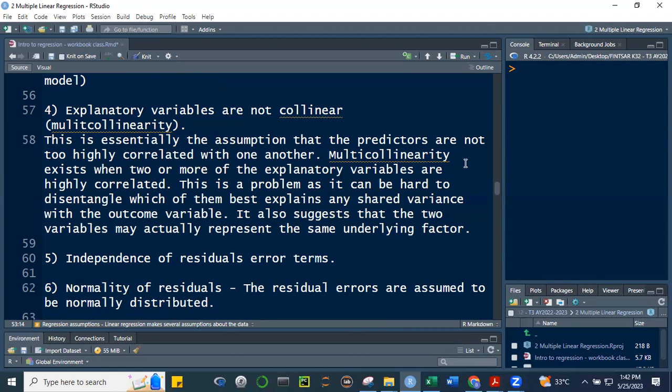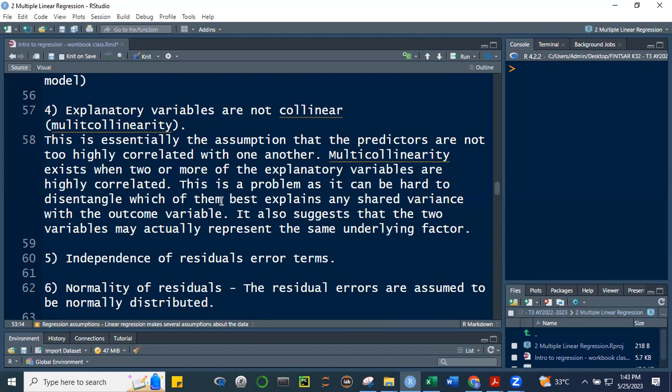So there's multicollinearity when two or more of the explanatory variables are highly related. So sabi natin, mahirap tong problem na to kasi it would be very difficult to disentangle which of them thus explains any shared variance with the outcome variable. Also, kung highly correlated pala sila, bakit paggagamitin pareho?